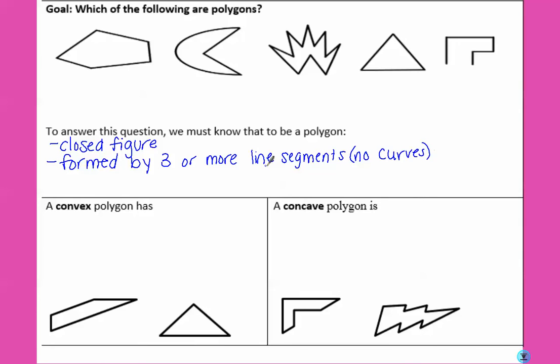The line segments are called the sides. And each endpoint of the sides is a vertex.